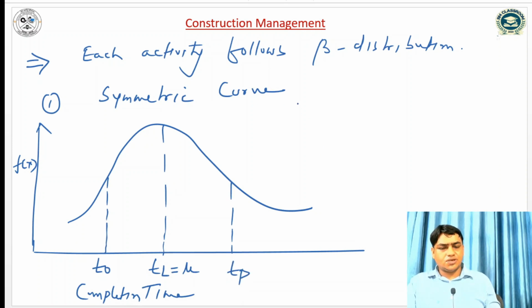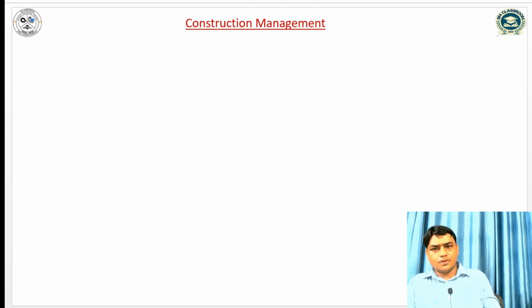So in symmetric curve, we can see that mu is equal to most likely time, and we can write TP minus TL is equal to TL minus T0.